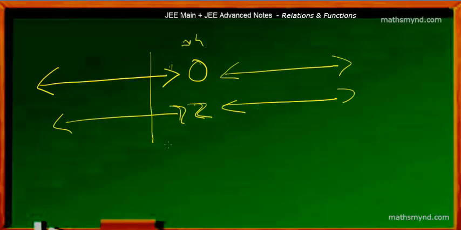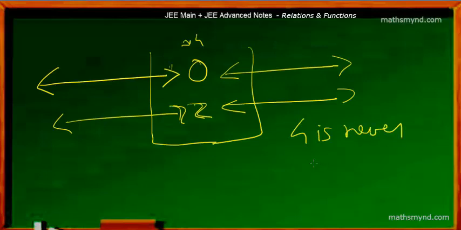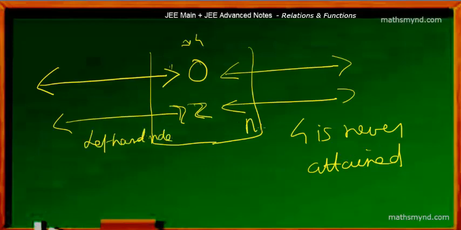That's a key point here. It simply means that 4 is never attained, but values which are extremely near to 4 are of course attained. So that's the meaning of limit. There's a limit from the left hand side, and also there's a limit from the right hand side.